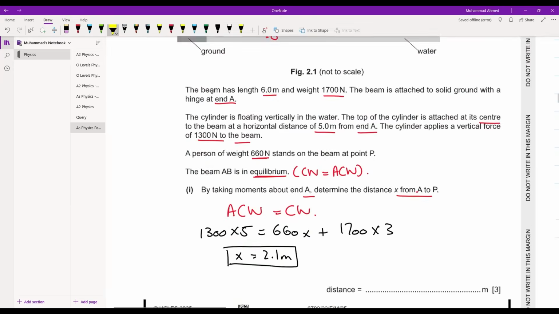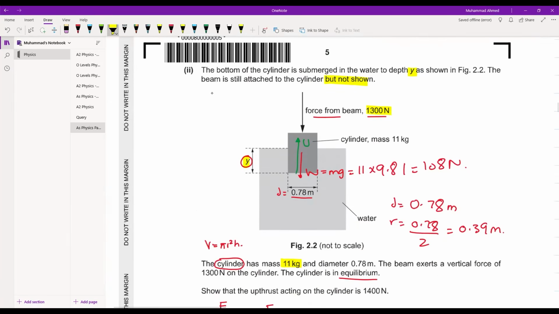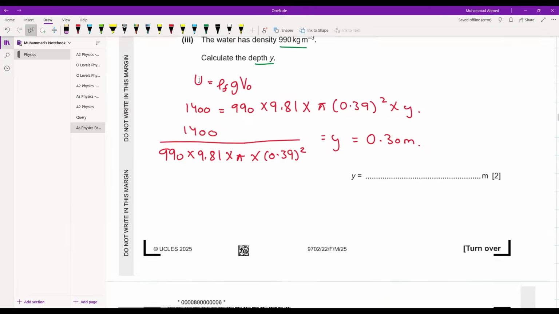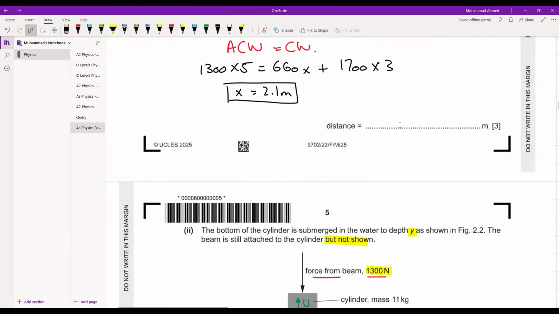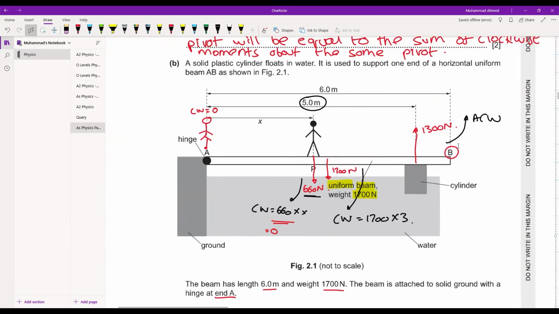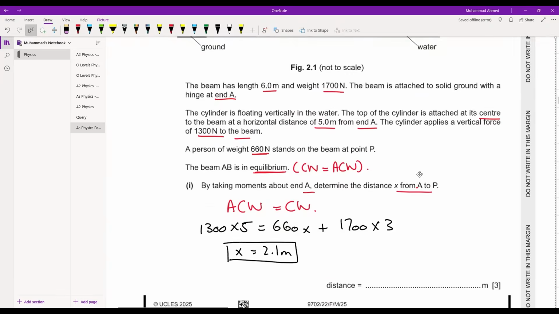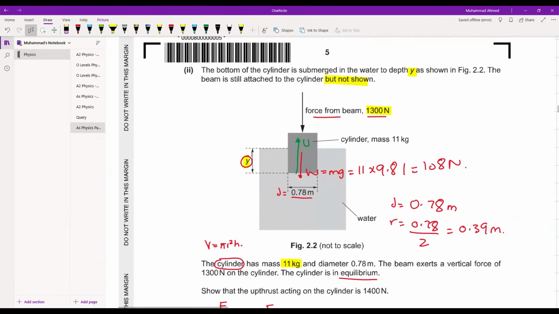That upward force will only be provided if you are immersed in the water. So even at a distance of 0 meters, you will have some depth inside the water. Why? Because there will be some clockwise moments due to the uniform beam. To balance those clockwise moments, you will need an upward force to create anti-clockwise moments. Hence, you need some amount of cylinder to be immersed in water.